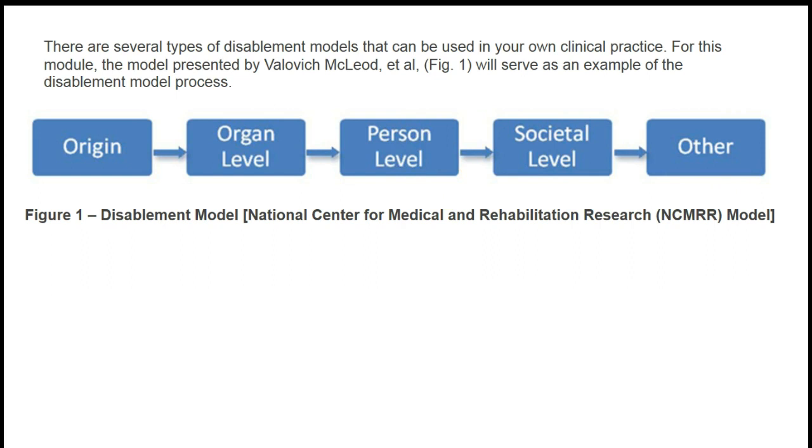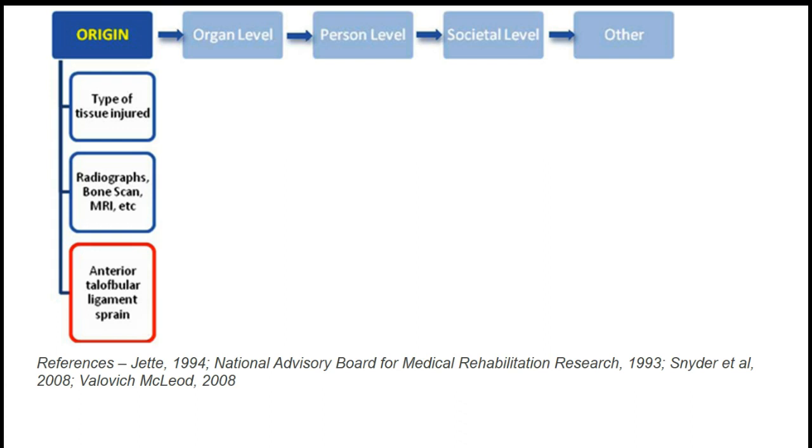So what I kind of wanted to do is walk through maybe an example of what the disablement model would look like in an ankle sprain model, maybe. And so what we kind of see here is the origin. Remember, we said overall the origin is what we use to kind of determine the disability or the type of tissue that is injured.